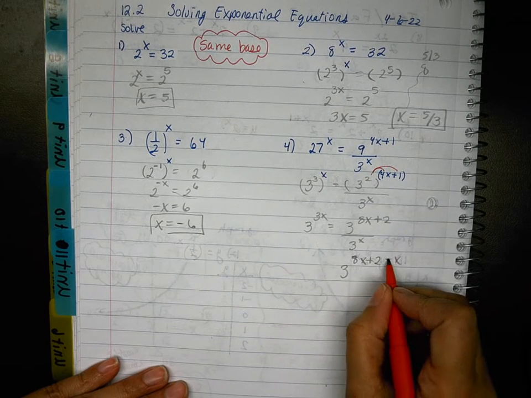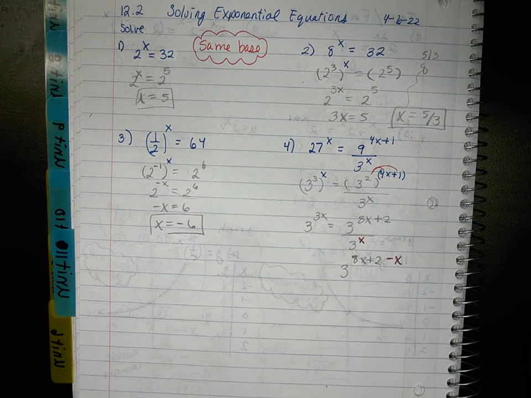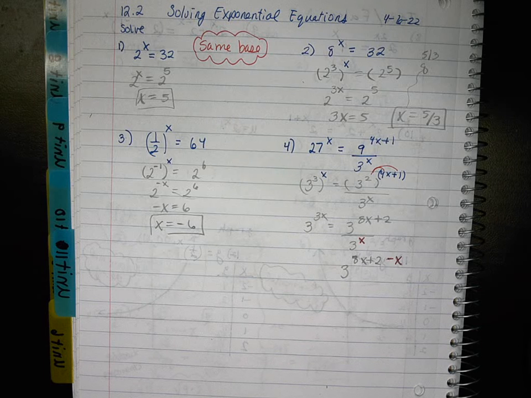Where is the minus x coming from? From the denominator. Because I'm dividing like bases, I change it to a single base and subtract the exponents. That's how we work them out. Change it to a single base and subtract the exponents.